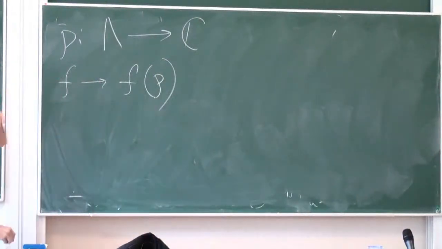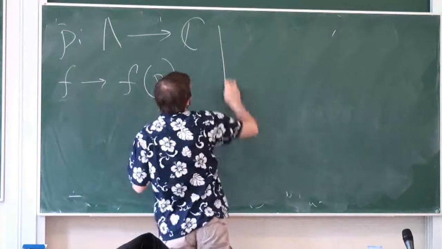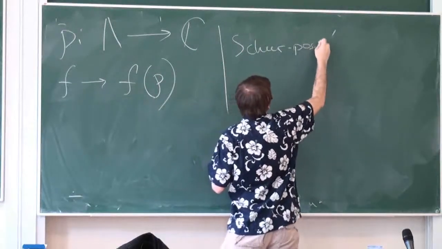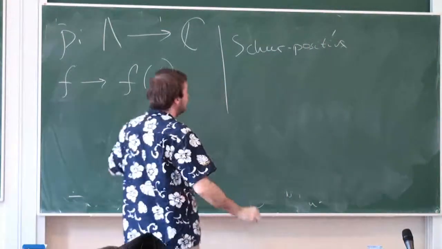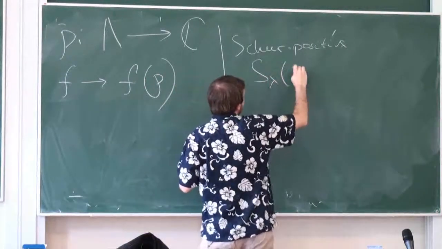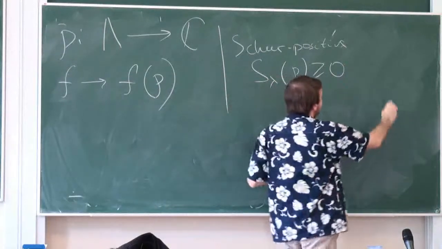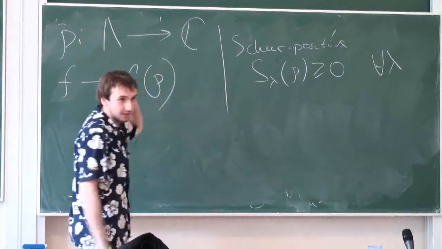This is just a notation. Now we will define Schur positive specializations, which is a specialization rho such that s lambda of rho is at least 0 for any lambda. So this is a specialization which is non-negative.